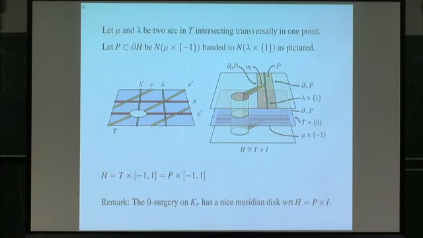So that's a three-punctured sphere on the boundary of this punctured torus cross I. And then, in fact, you can refiber this handlebody as P cross an interval. So I can rewrite this handlebody H, which is T cross an interval, as P cross an interval.